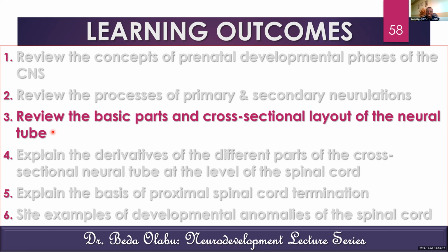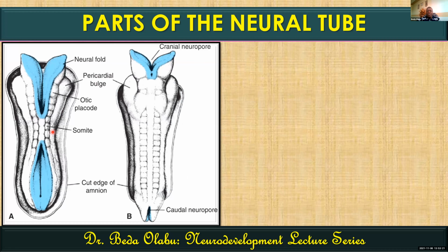Now let's look at the basic parts of the neural tube and also the cross-sectional layout of the neural tube. I've already shown you this image showing us the primary neural tube basically with neurulation taking place, closure. And this one shows the cranial neuropore and the caudal neuropore just before they close.